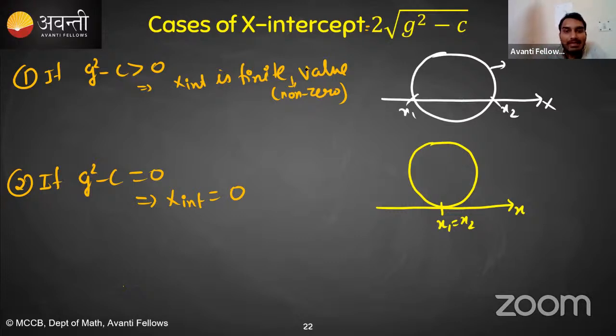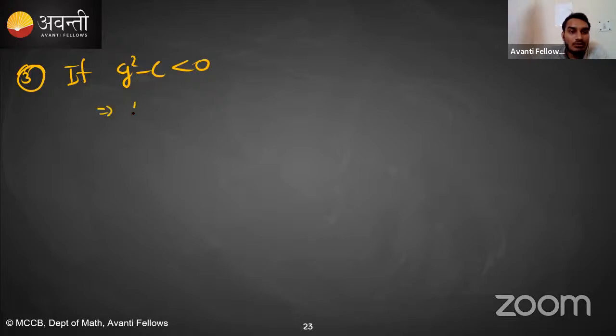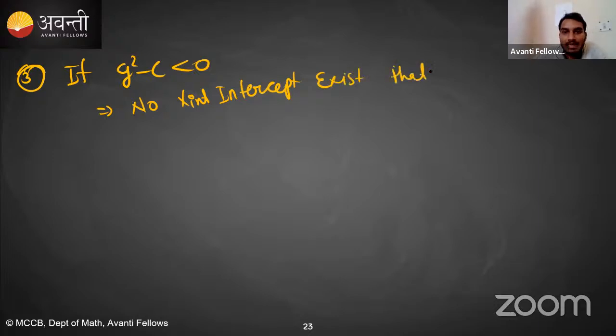So it implies no x-intercept exists, which means the circle will never cut the x-axis.